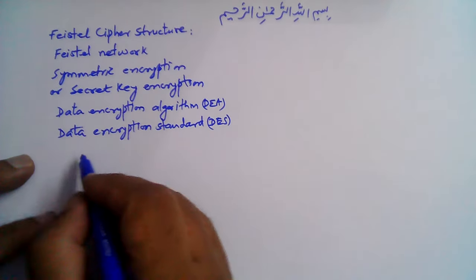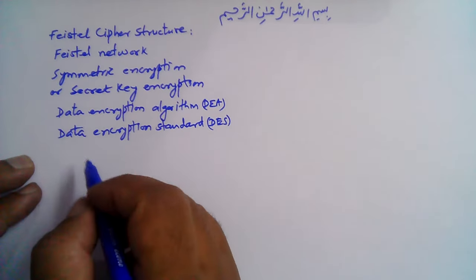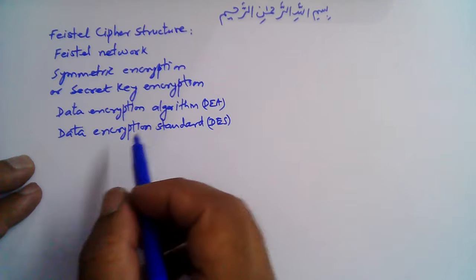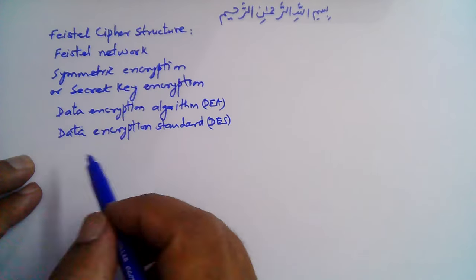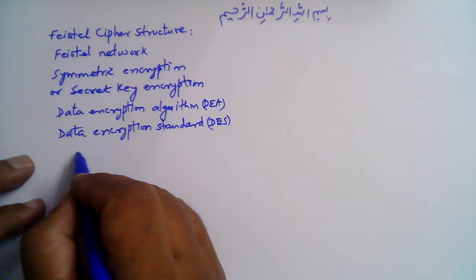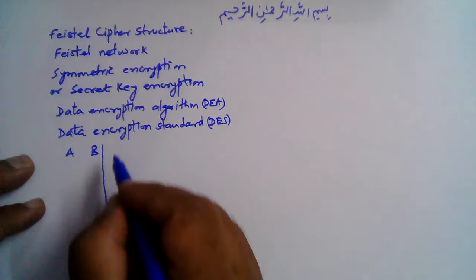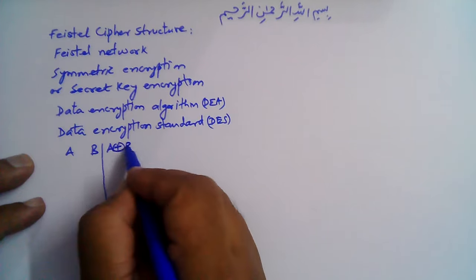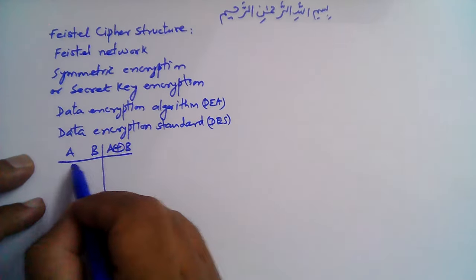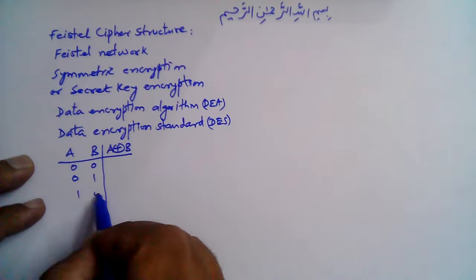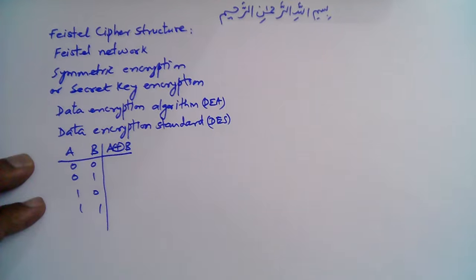Before we study the structure of this Feistel network, let's first describe the XOR operation. For example, if we have two bits A and B, and their XOR is represented like this: 00, 01, 10, 11, all the possible combinations for two bits.